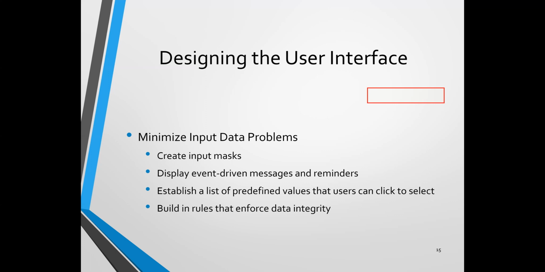Establish a list of predefined values that users can click to select. For example, if you ask the users to enter the country code for the phone, sometimes we can't remember what country code we are using.